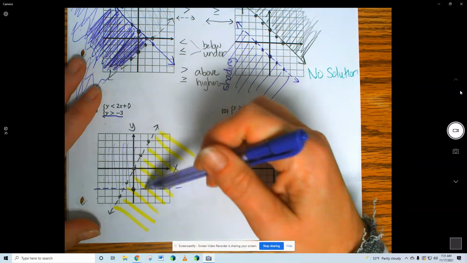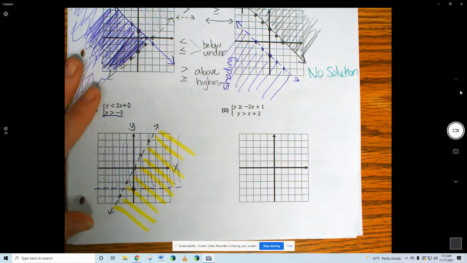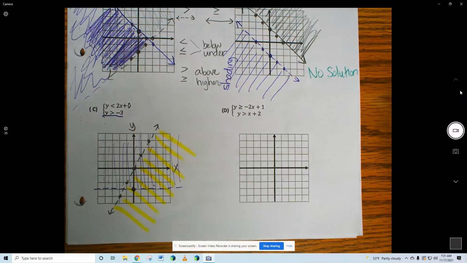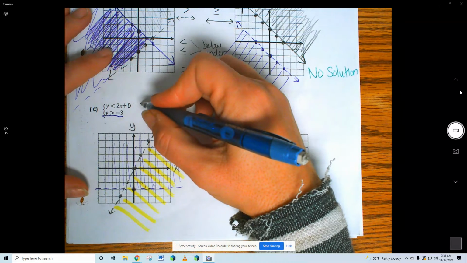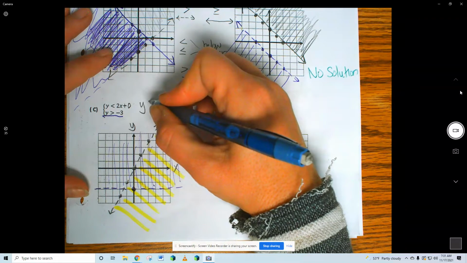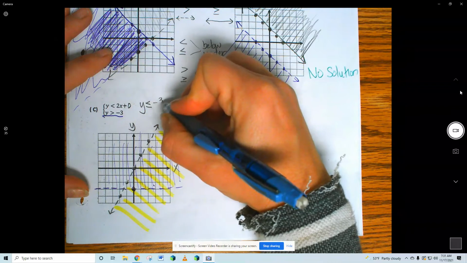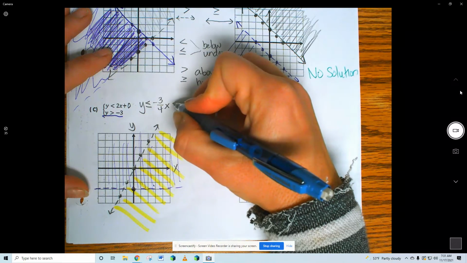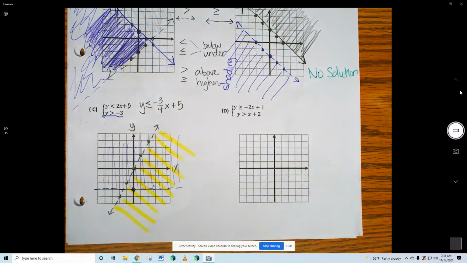Now I have one more equation to add in. We're not done. I'm going to give you a third equation. Here we go. y is less than or equal to -3/4 x plus 5. So I'm adding a third one in.